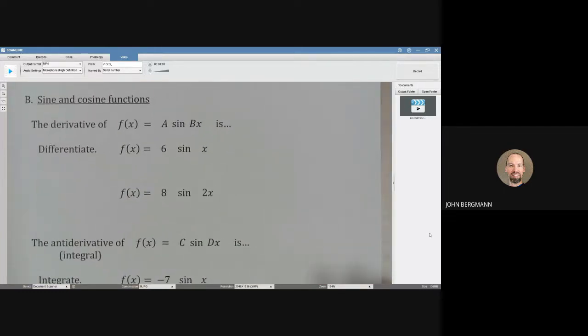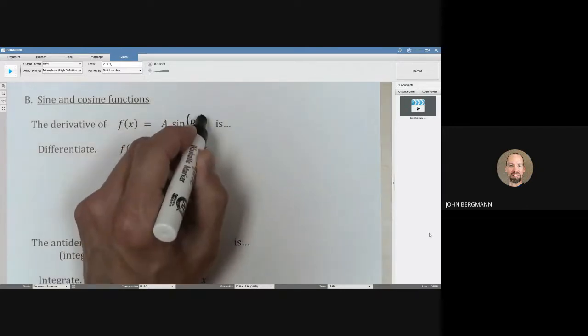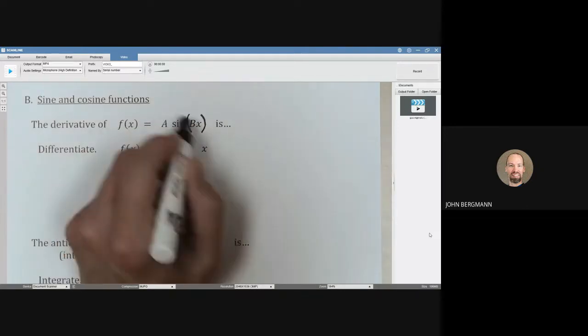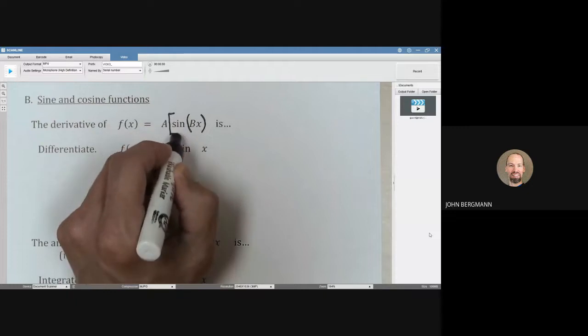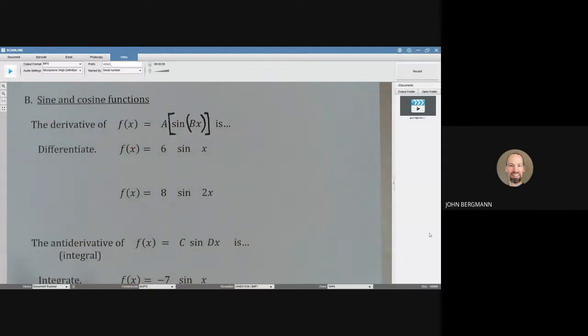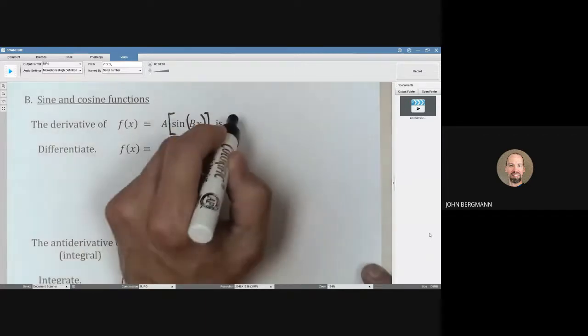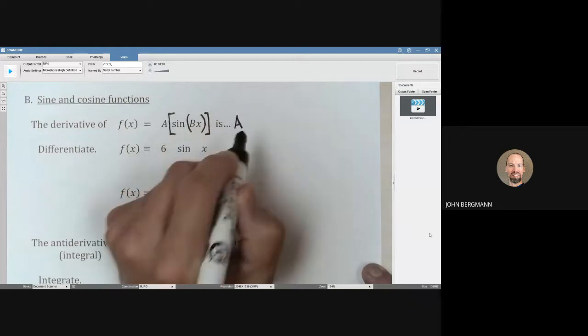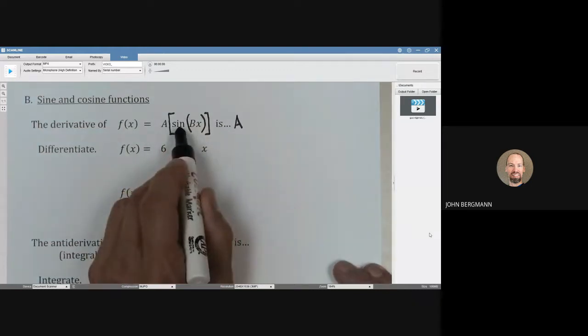The derivative of f of x equals a sine bx. There's a function, bx, right there. Sometimes b is 1, isn't it? So basically, when we differentiate this, we have to use the chain rule. The chain rule says there's the constant. Now we need to differentiate sine of bx.